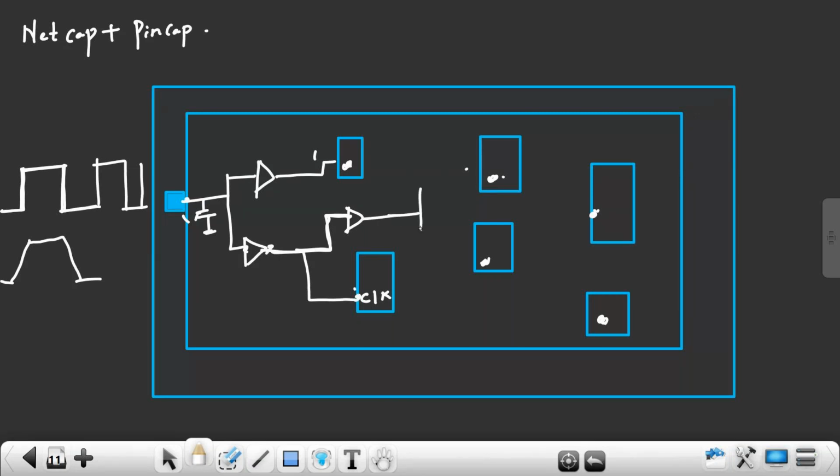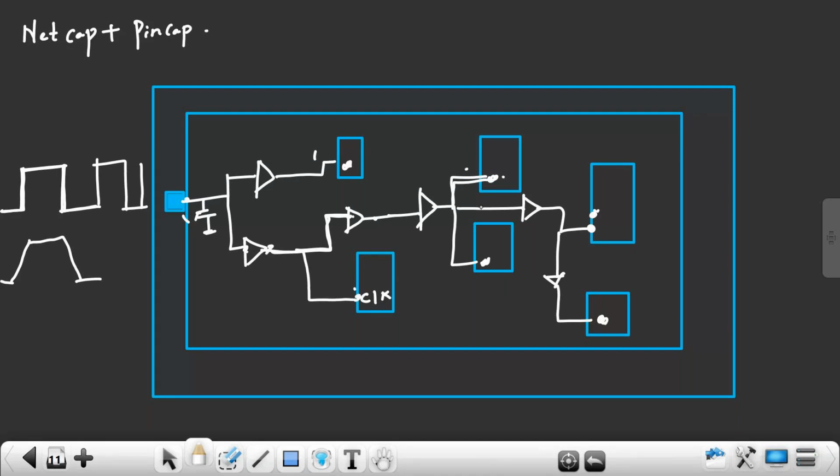Use one more buffer and connect these 2 flip-flops. Again, use one more buffer. Connect this flip-flop. Use one more buffer for this flip-flop. Now each buffer sees only the pin capacitance of the cells it drives and only a small net capacitance.